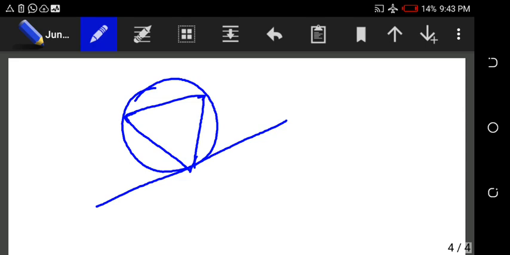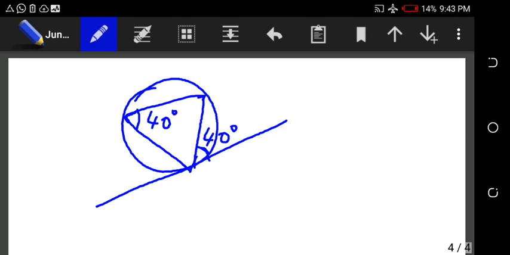If we are given the angle here, for the sake of example, let's say it is 40 degrees, and we are looking for the angle here. By the theorem we just looked at, the angle we're looking for is also equal to 40 degrees because they are angles in alternate segments.